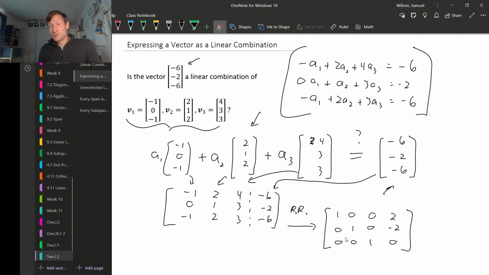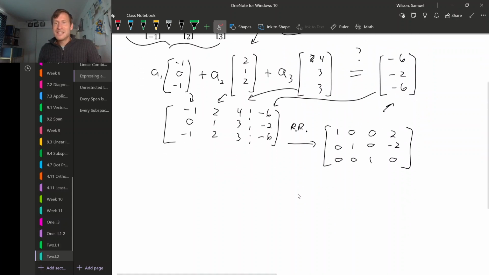Okay, so here's the reduced row echelon form for this matrix. And remember, we can translate this directly into values for a1, a2, and a3. So a1 has to be 2, a2 has to be -2, and a3 has to be 0.